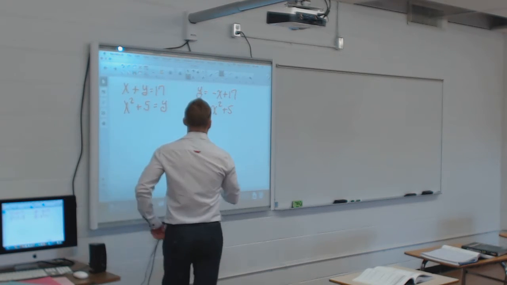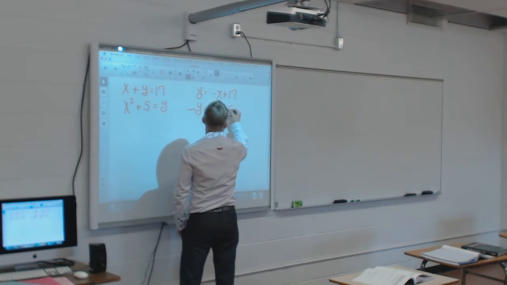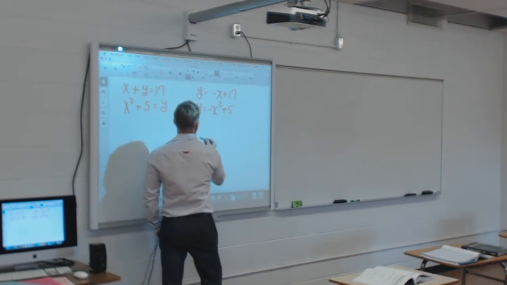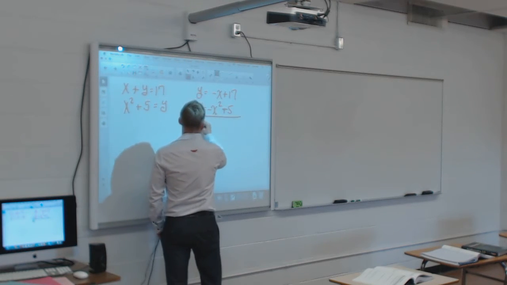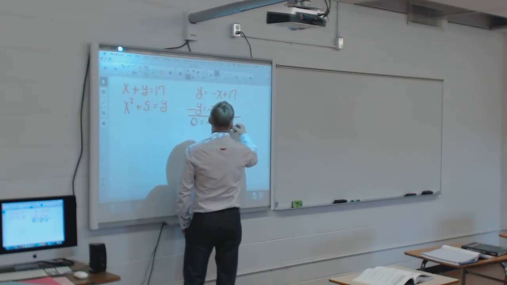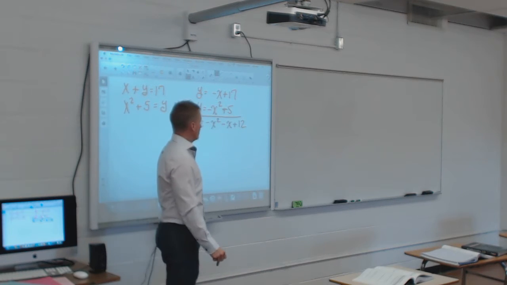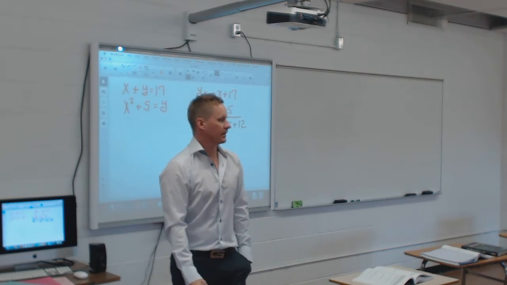Subtract them. So I'm going to change the signs here. Like that. So I've got 0 is equal to minus x squared minus x plus 12. You know, that looks awkward, doesn't it?